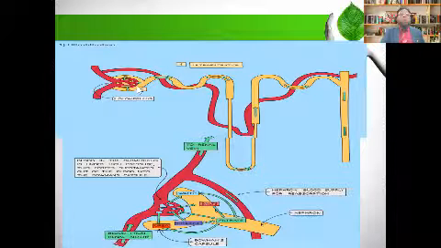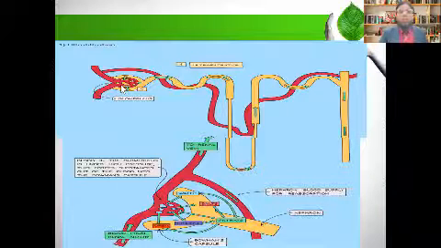So the blood containing the glucose, it is reabsorbed. Some amount of minerals are to be reabsorbed. Even some water is to be reabsorbed.